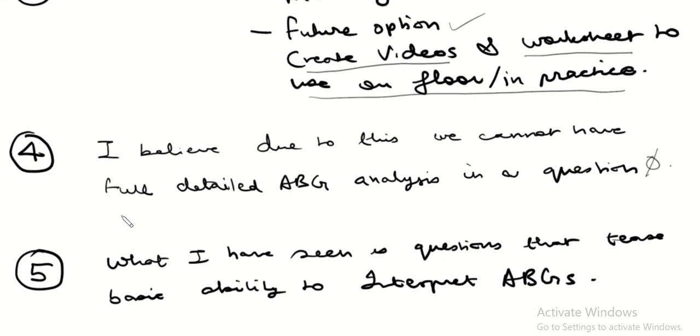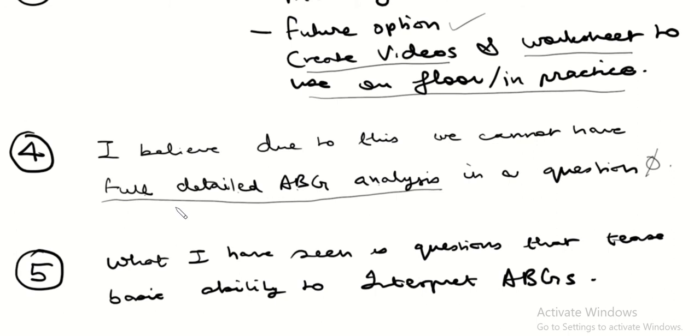As such, I also believe that if your board exams is not going to ask you full detailed ABG analysis, I don't feel that that is a question that is reasonable to ask on your prep exams. In other words, your finals, your midterm exams. I don't think that's reasonable. It is way complex. Okay?